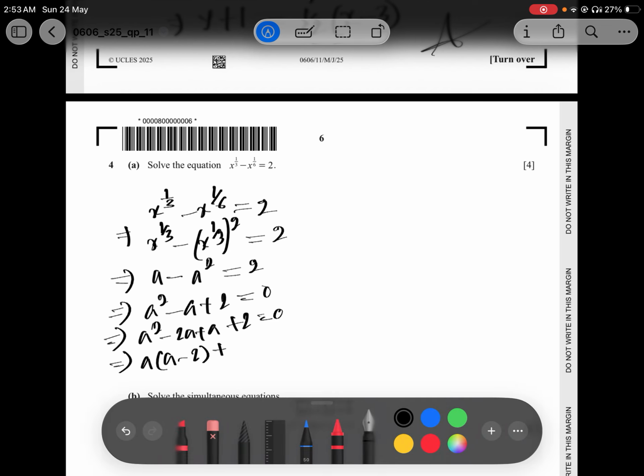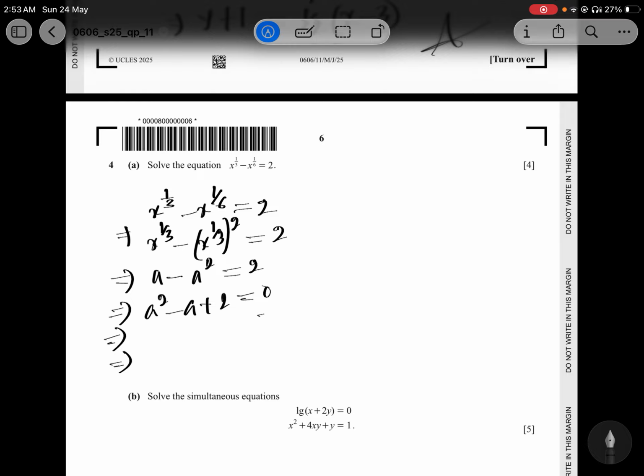So here's the thing: a square minus a plus 2. If I use the quadratic rule here, our a should be minus b, which is plus 1 plus root over b square, 1 minus 4ac, 4 times a is 1, c is 2.